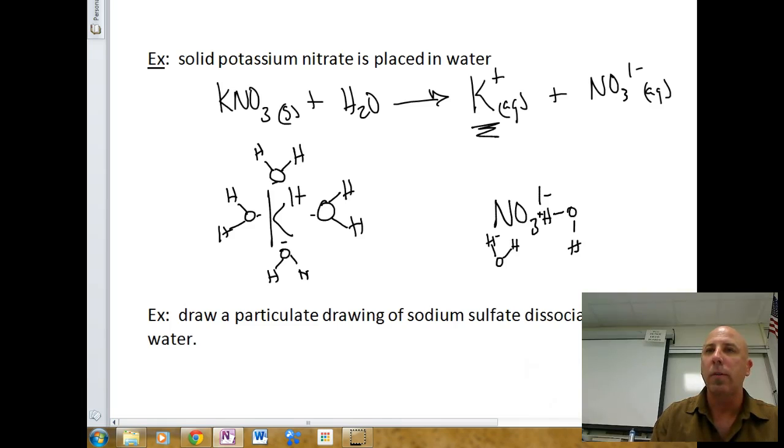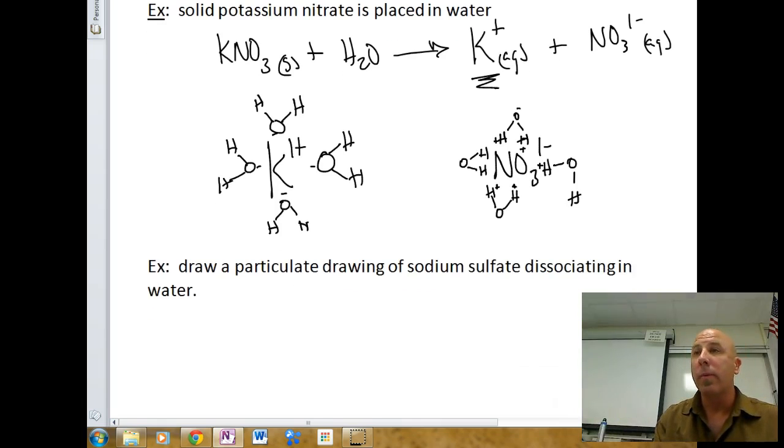And so you can see the difference in orientation of the water with respect to how it orients itself around a negatively charged ion and how it orients itself around a positively charged ion. This question was on the AP test last year. Students were asked to draw this, so it's a good thing to know. So you see the difference between the two.